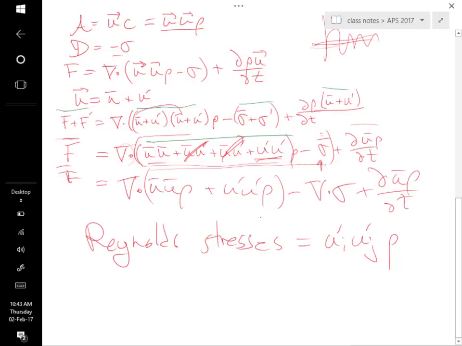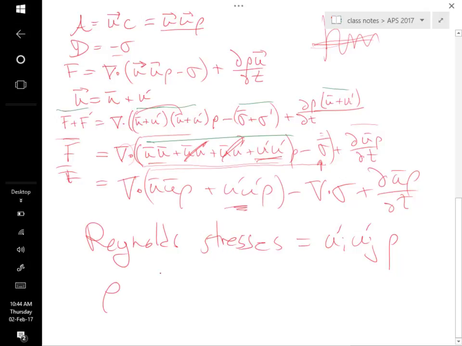It's a little bit of a tricky thing because we've introduced now a new unknown, a new quantity that we have to solve for. And so the way that this is done is to recognize that the Reynolds stresses behave like the regular stresses in the fluid.